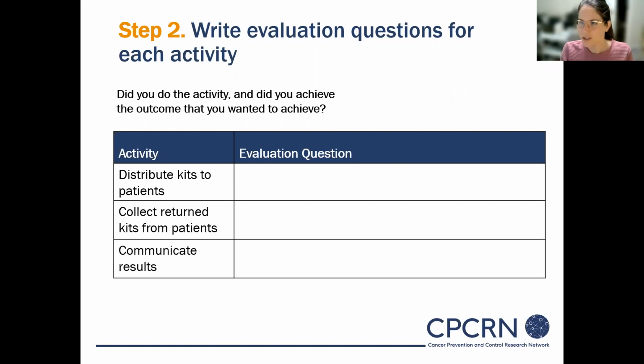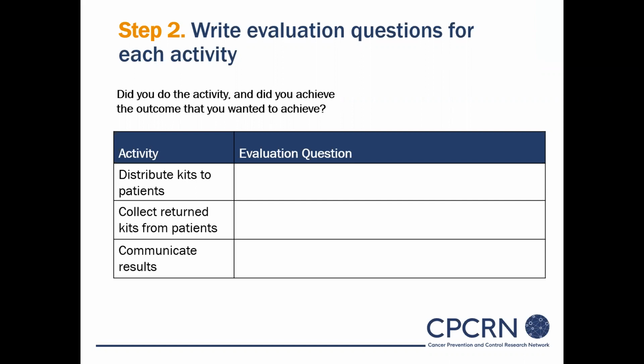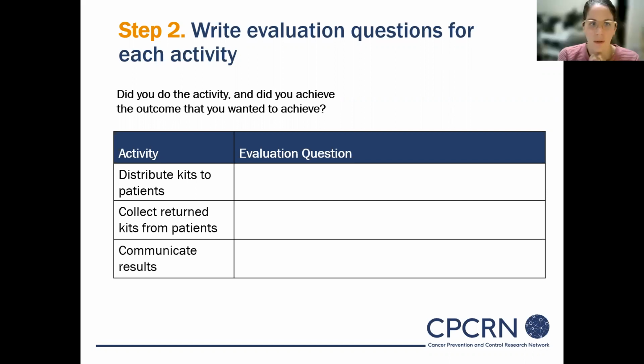You can type it in the chat or come off mute if you have any ideas. What was your question again? Sure. What would be an evaluation question that we could write to help us understand if we've achieved our first activity, distribute kits to patients? Were all the kits distributed?